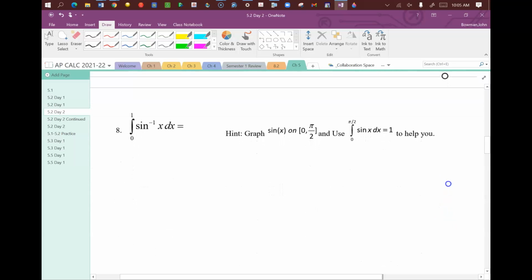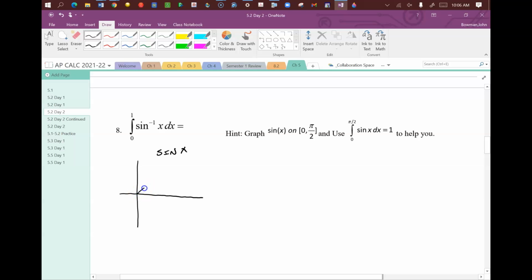We're going to take a look at the inverse sine and the inverse cosine function here, and I wouldn't expect you to know how to do this one directly by area, but I would expect you to know the relationship between the graph of the sine function and the inverse sine function. So we're going to start out by graphing the sine function.